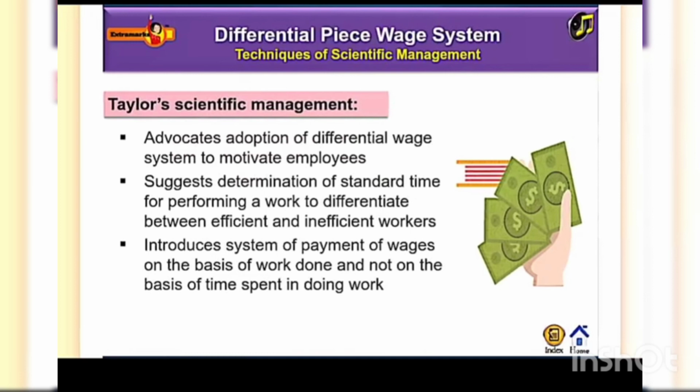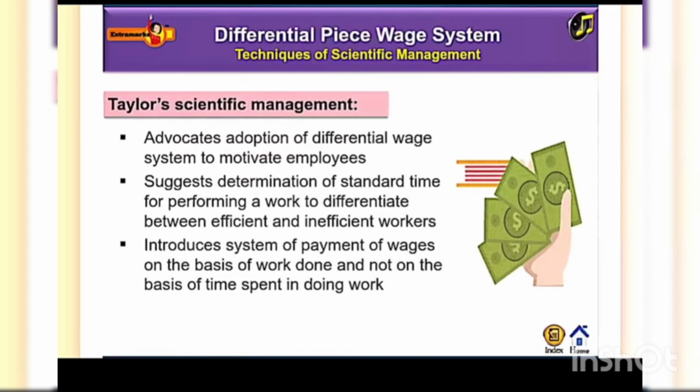So Taylor wanted to differentiate between efficient and inefficient workers. He wanted to reward efficient workers, so he introduced different rates of wage payment: those who perform above the standard are paid more, and those below the standard will be paid less.